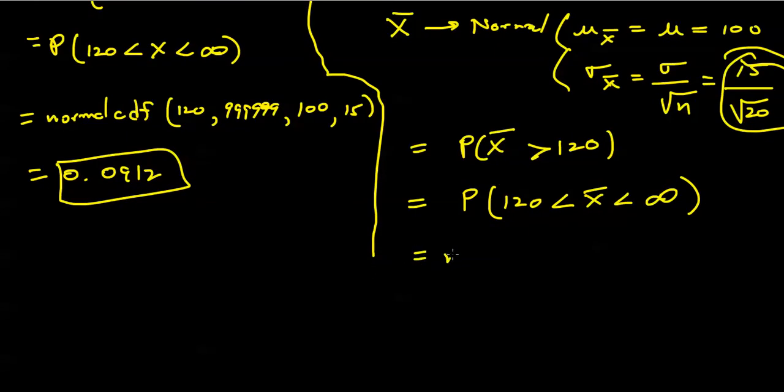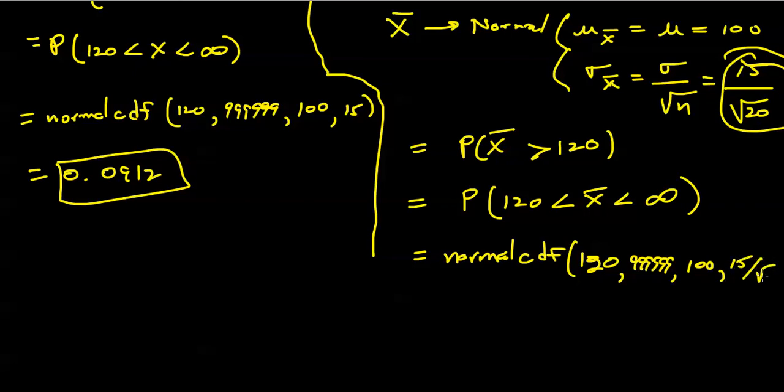And of course, I'm going to grind this out with my normal CDF operator. The lower bound will be 120. The higher bound will be our best approximation for infinity. The mean is going to be the same as the original population mean, and your standard deviation is going to be new, 15 divided by the square root of 20.